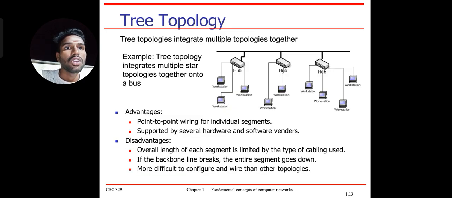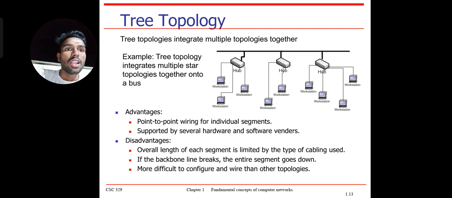Next one is tree topology. Tree topology integrates multiple topologies together. See the diagram, example. Tree topology integrates multiple star topologies together onto a bus. Advantages: point-to-point wiring for individual segments, supported by several hardware and software vendors.